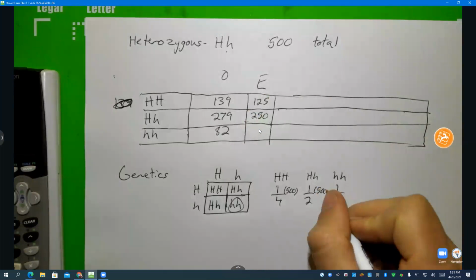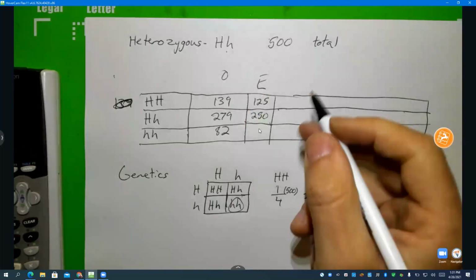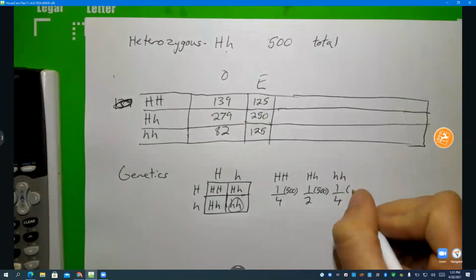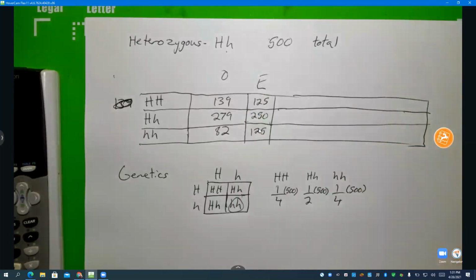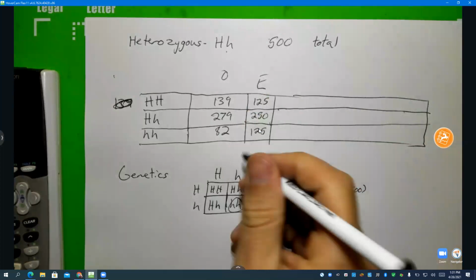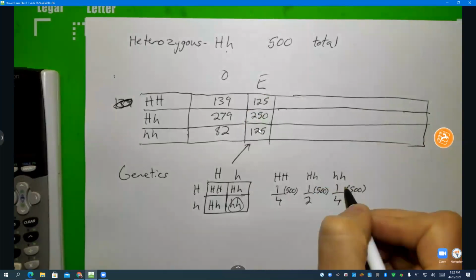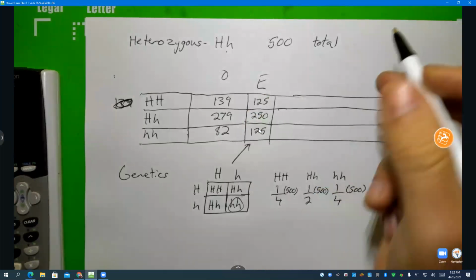And then homozygous recessive is again 125. So that's the only difference: you use a Punnett square and then multiply the ratios times the total. That gives you expected.